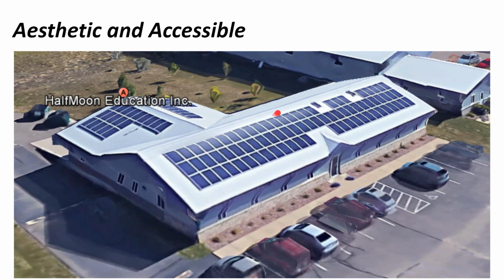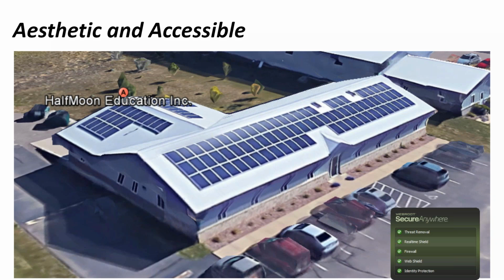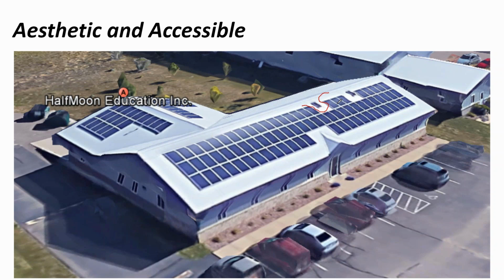Now, one of the problems we ran into with this design is that even though you stay away from the skylights, all of a sudden these clearances around the skylights become walkways. And so you don't have to just think about whether the attachment through the roof is going to cause a leak.